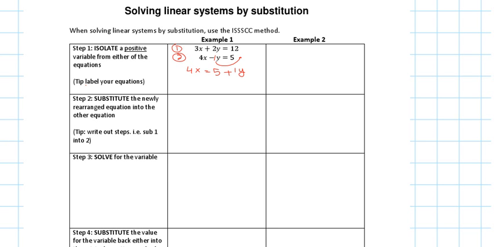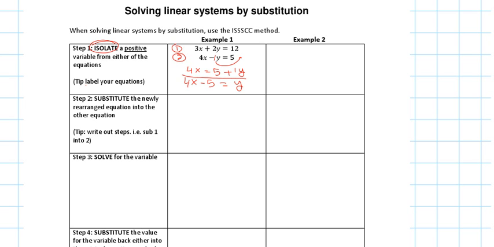Now, is y by itself or not yet? It's not by itself, right? It has a 5 with it. So what do I want to do with the 5? I want to get rid of it, bring it over here. That gives me 4x minus 5 equals y. Now is y by itself? Yes. So what I did is I isolated for the letter y.